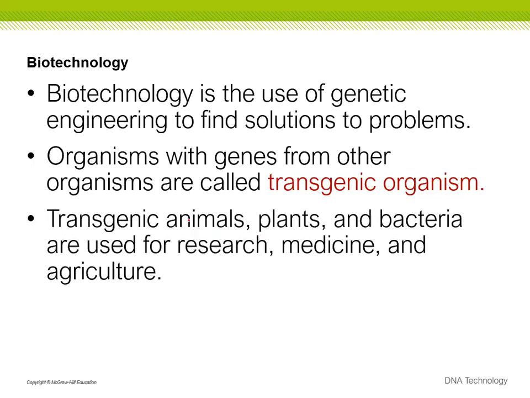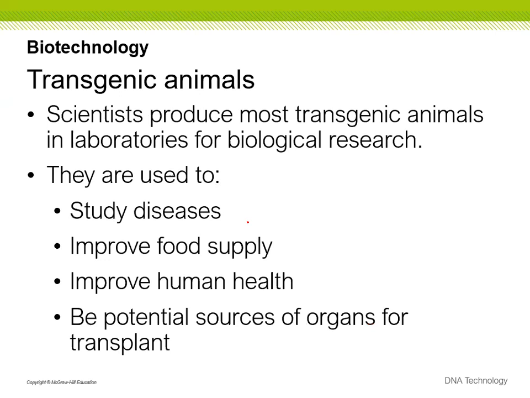So we're going to go through these: what's the difference between these three? Animals are primarily used for research, right? We study diseases, we look at the food supply, we can look at health, and we can look at potential sources of organs for transplant. I'm pretty confident that someday there will be pigs that are bred specifically to be organ donors to humans.